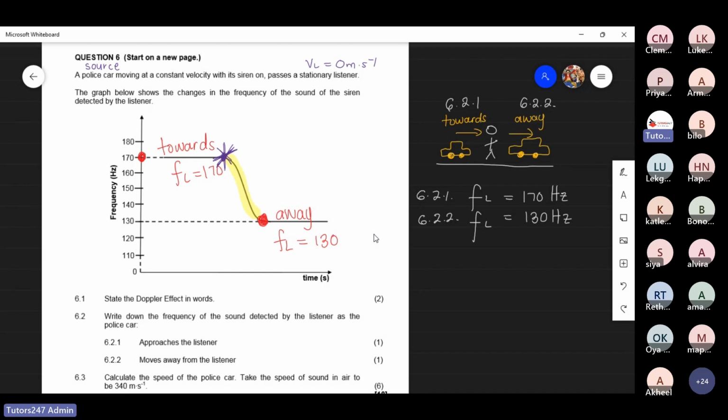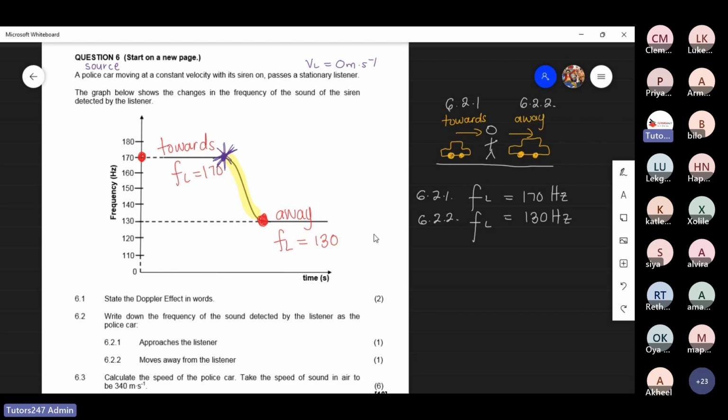Then if we were to say, okay, that's not working out because we can't calculate if we have two unknowns, and we were then to substitute all the known values into the equation of moving away, you would then see that you would still have two unknowns, which is the velocity of the source and the frequency of the source. Another indication that you are meant to use simultaneous equations is that the structure of this entire question is based on two different scenarios.